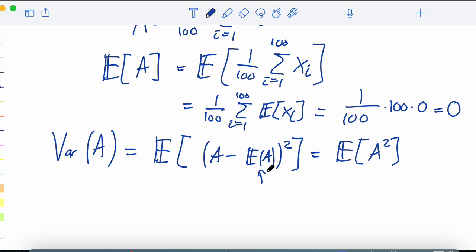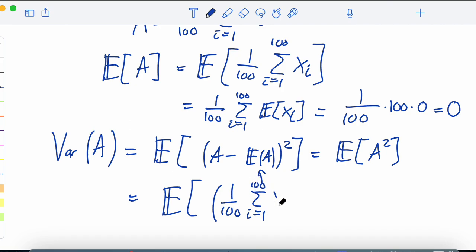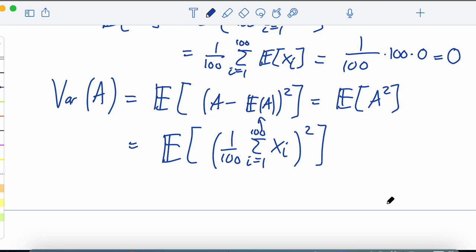So it's the expected value of this thing squared. So we got to do the expected value of 1 over 100 times the sum, i equals 1 to 100, of xi all squared. Okay, 1 over 100 on the front, squared, that's easy, that pulls out. That's a 1 over 100 squared.